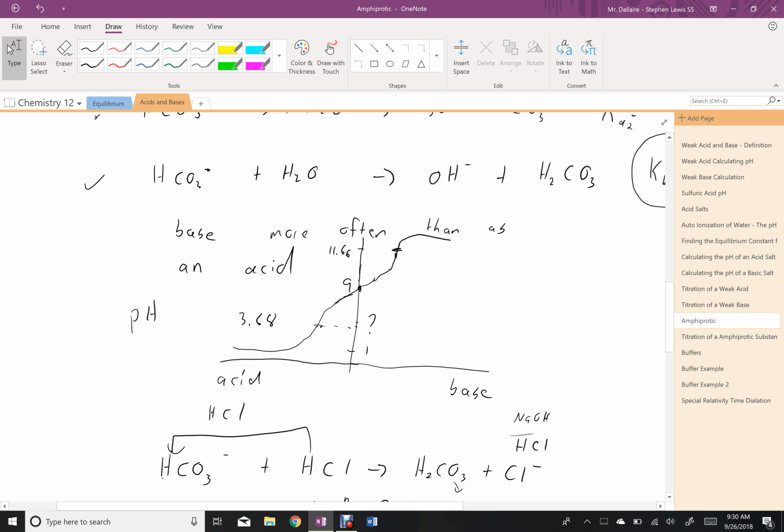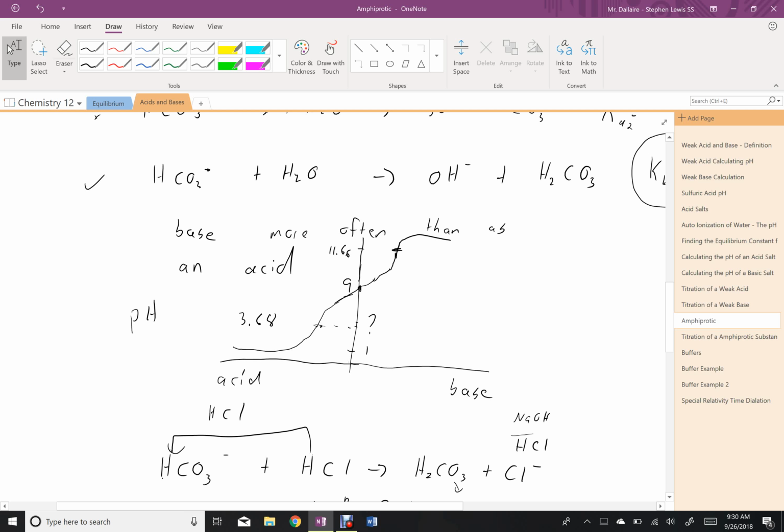So you could find an indicator that changes color around a pH of about 11.6, and that would be a good indicator if we are going to titrate HCO3 minus with a base. Alternatively, you could find an indicator that changes color around 3.68, and that would be a good indicator if you're going to titrate HCO3 minus with an acid like HCl.